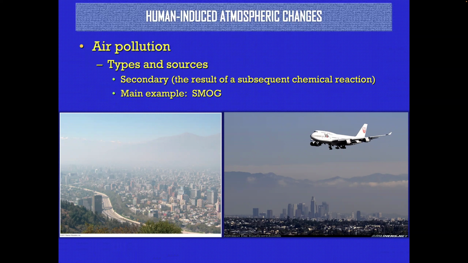So there are cities in the world like Mumbai, like Santiago in Chile, like Mexico City, Los Angeles to a lesser extent than it used to be, where it happens quite a bit. And geography tends to help support that.